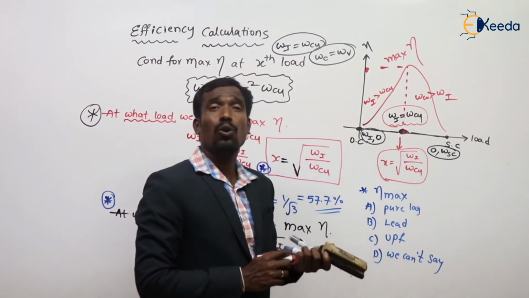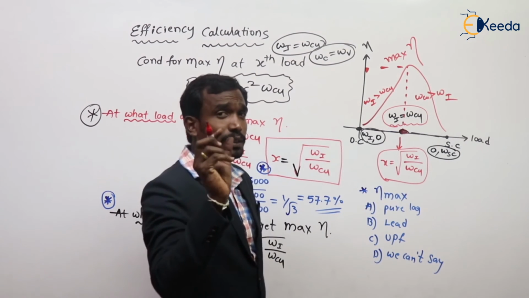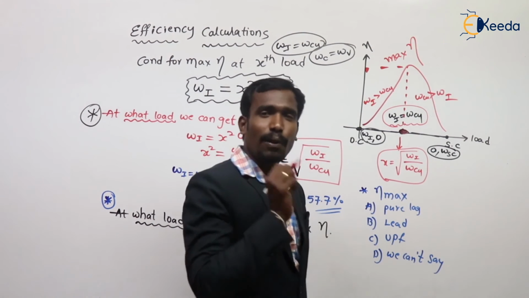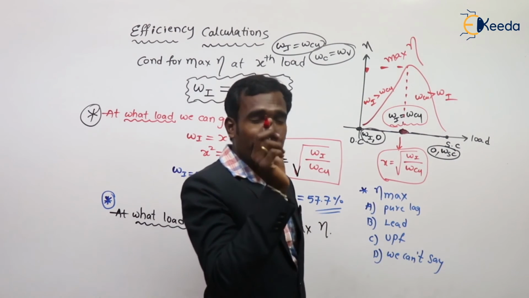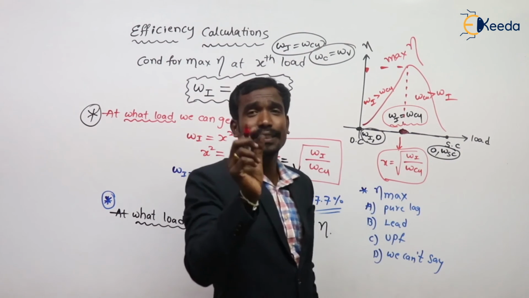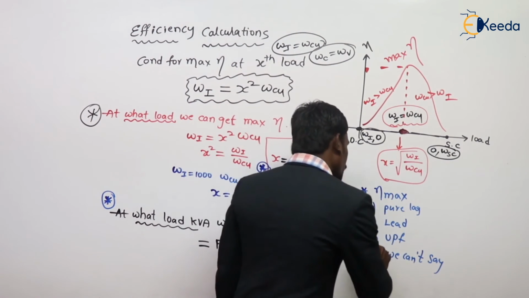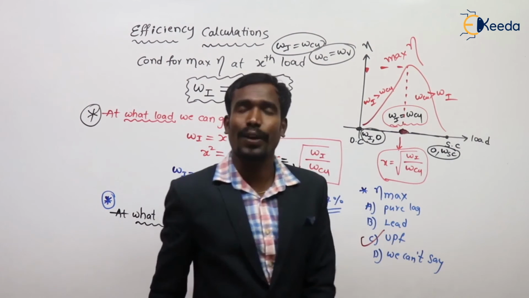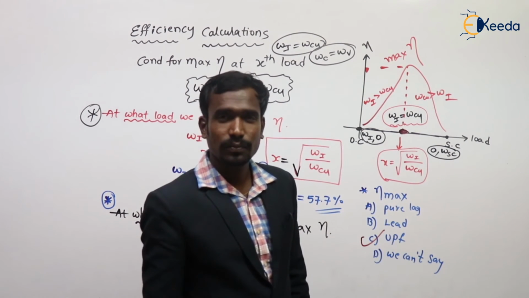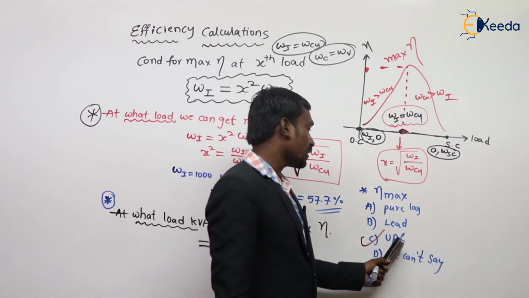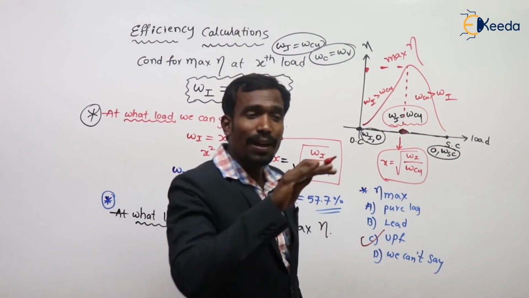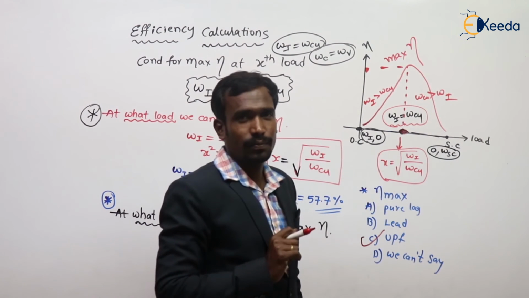If they ask you a question like this, in terms of power factor, the load magnitude is constant, but at which power factor can we get the maximum efficiency? At unity power factor, you can get the maximum efficiency when the magnitude of load is constant.